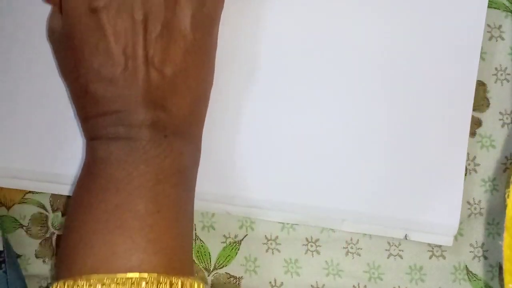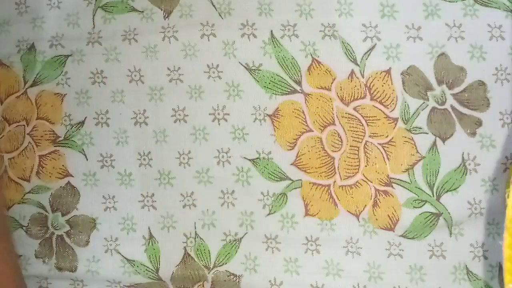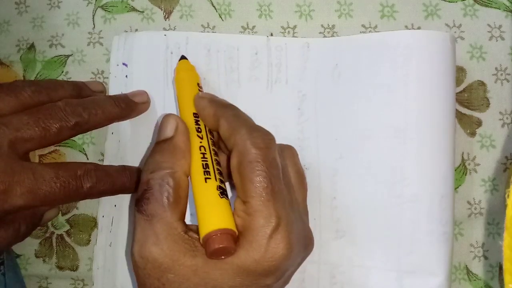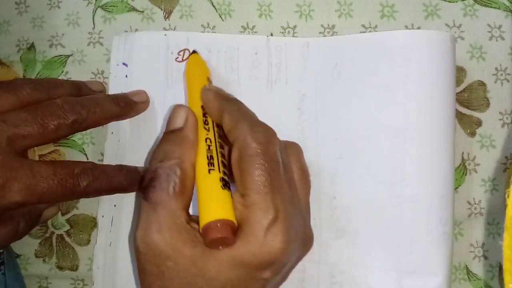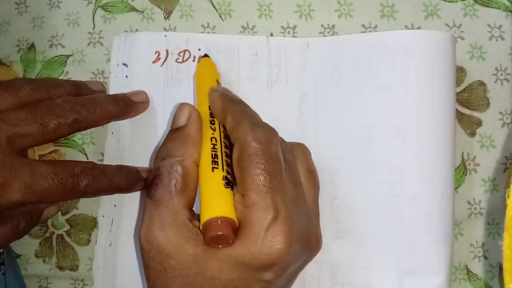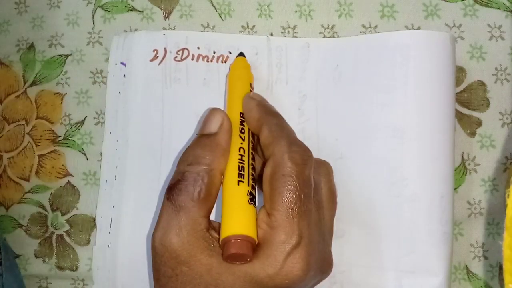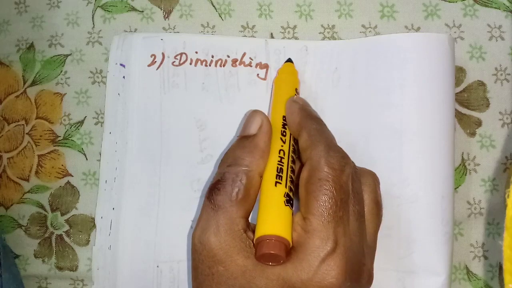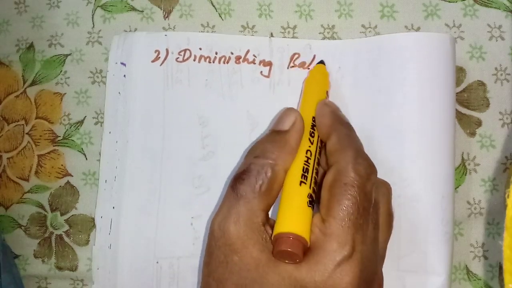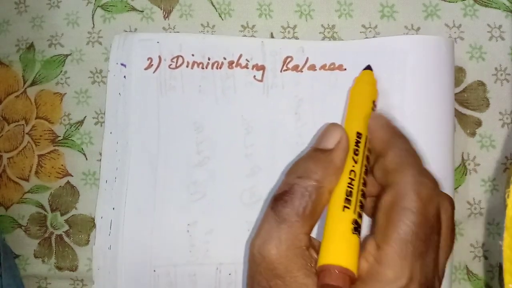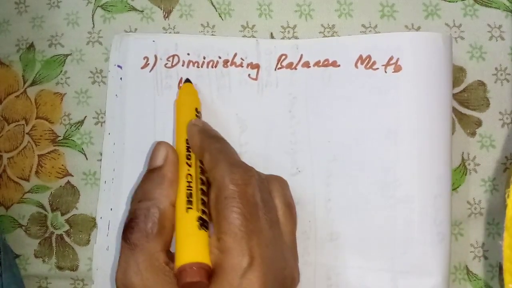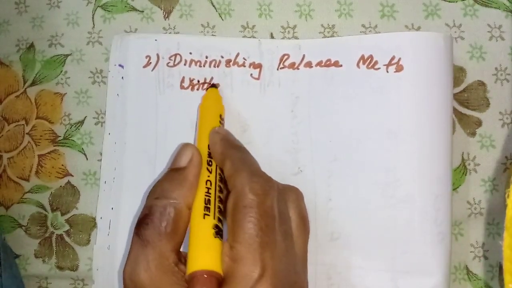method of calculating depreciation. Okay, next important method is diminishing balance method or written down value method. Okay, second one, diminishing balance method or written down value method.